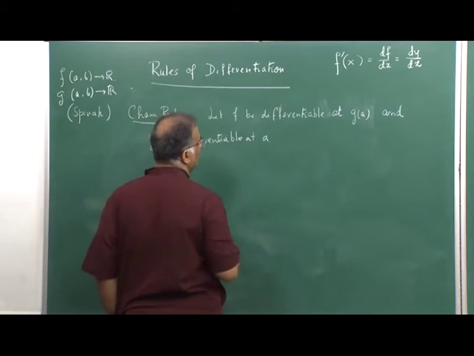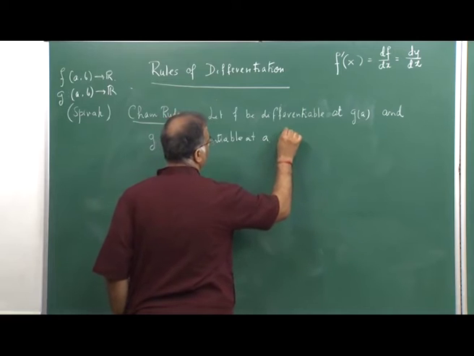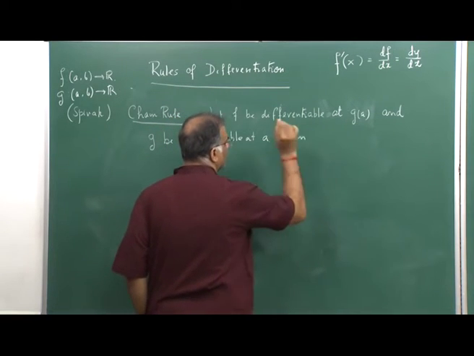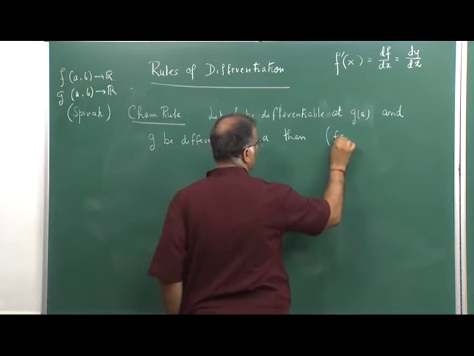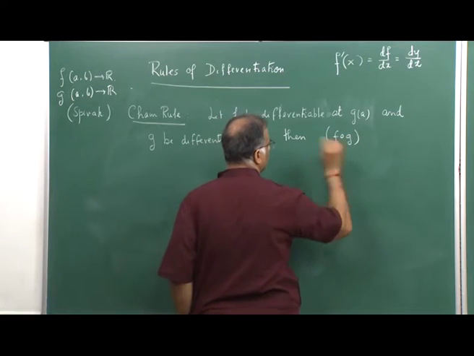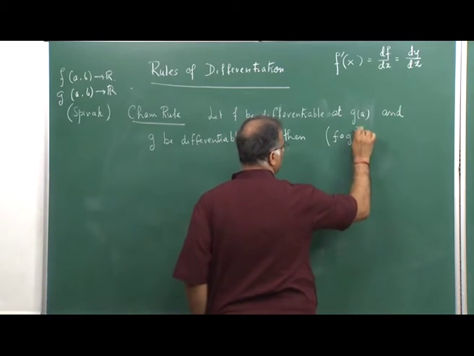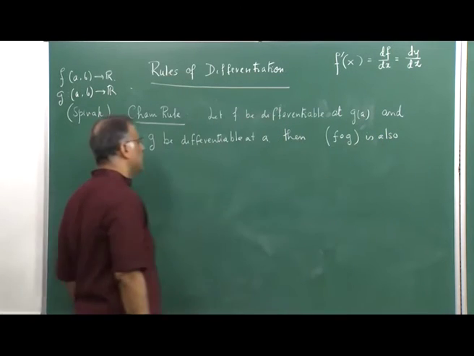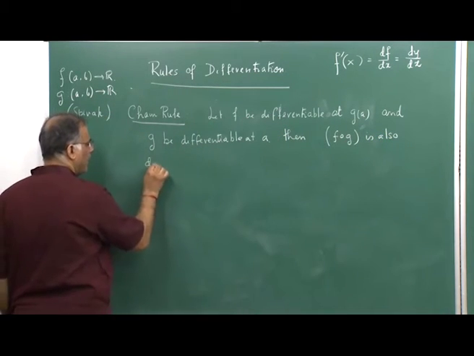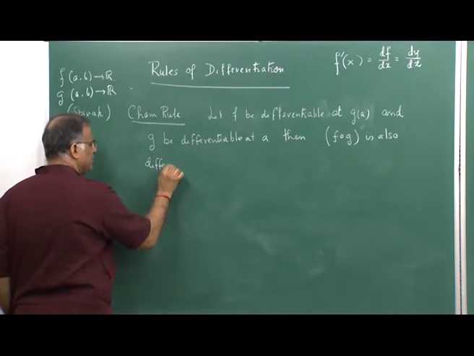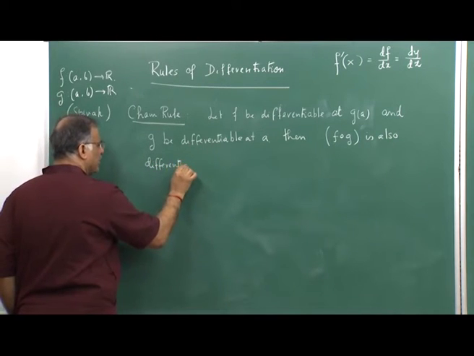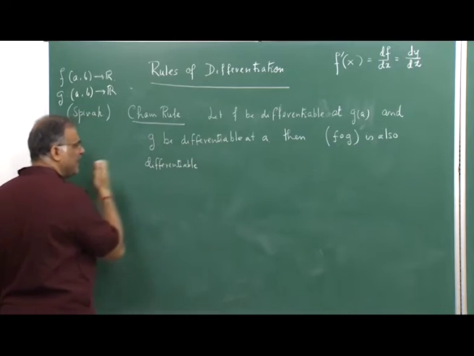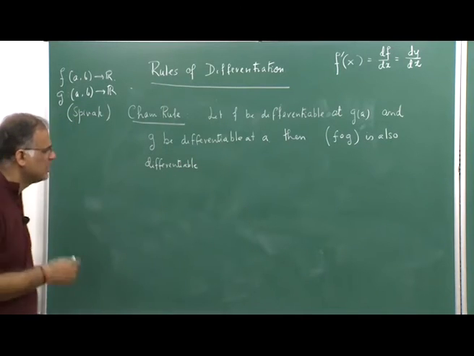Let g be differentiable at a, then f compose g is also differentiable at a. See, we are not bothered much about the domain and range of f and g, this is obvious.